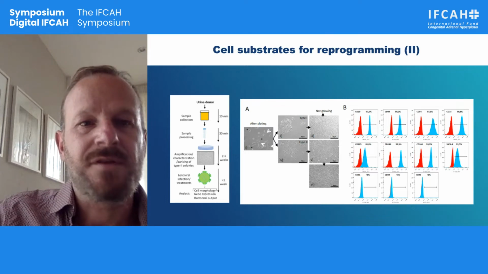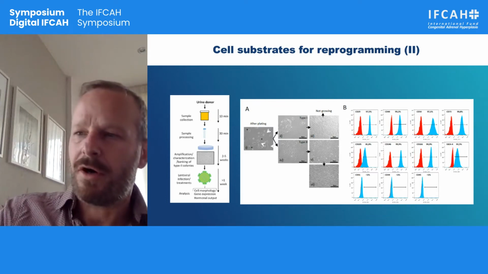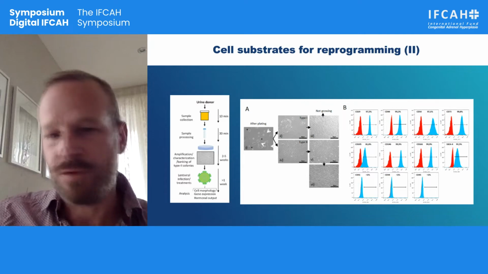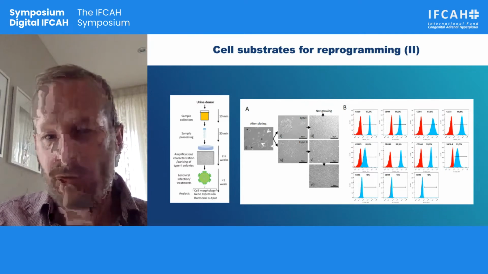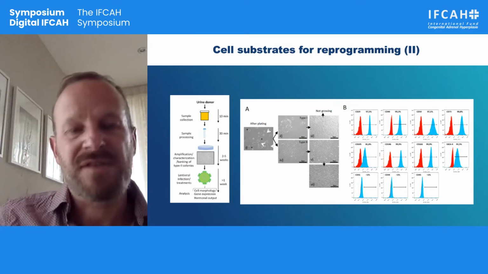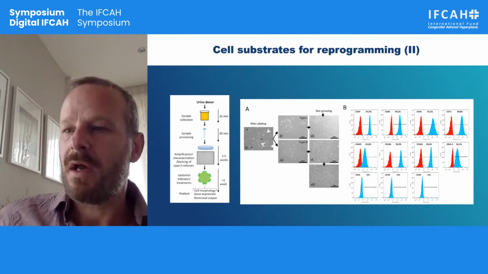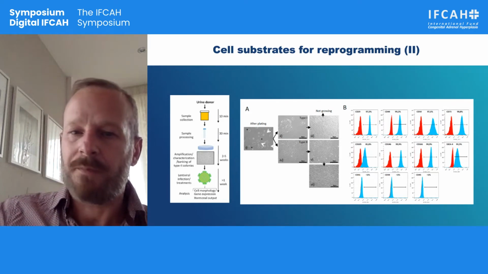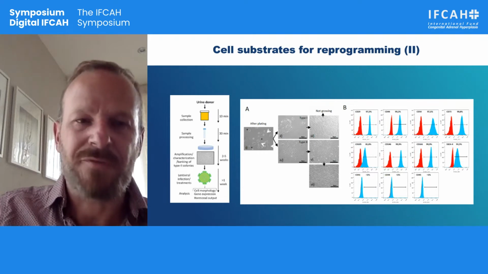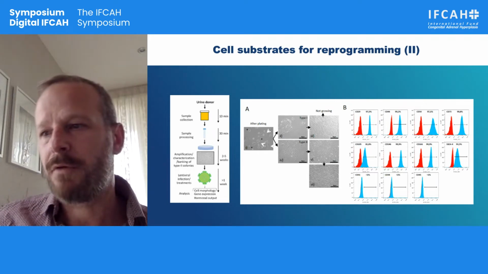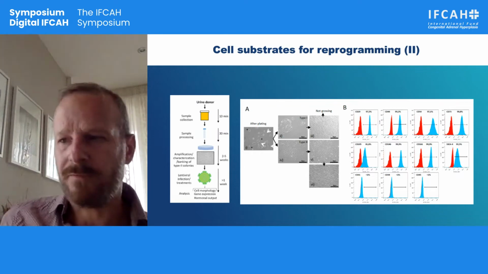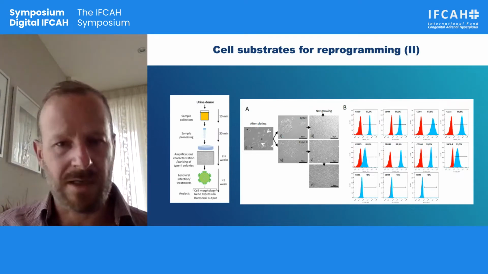And you have the so-called type 1 colony, which have defined edges, and they do not grow after a single passage. And you also have type 2 colonies, also named urine-derived stem cells, which are characterized by a quite typical rice grain morphology, which were viable for several passages and were bankable.